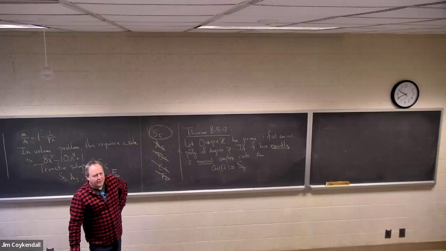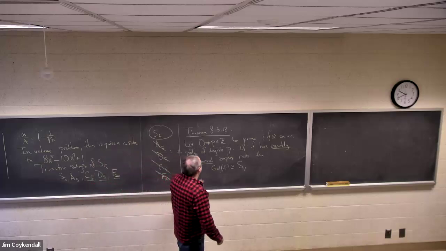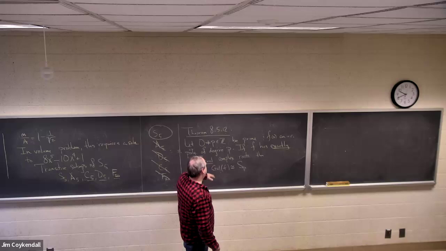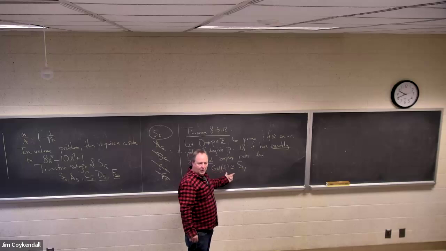Let me point out that in the kind of degenerate case of P equals 2, this also works. Because if P equals 2, what you're saying is f is a quadratic. And what this says is if it has precisely two non-real complex roots, then the Galois group is S2.